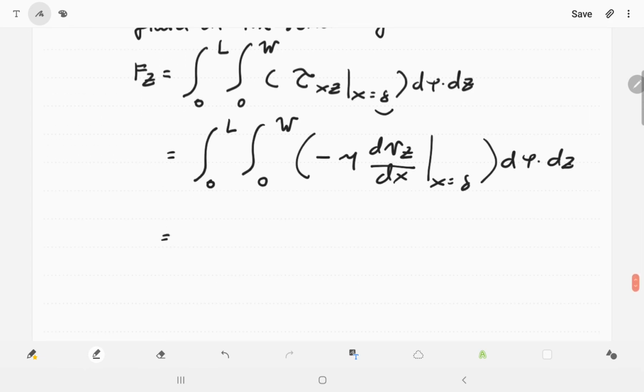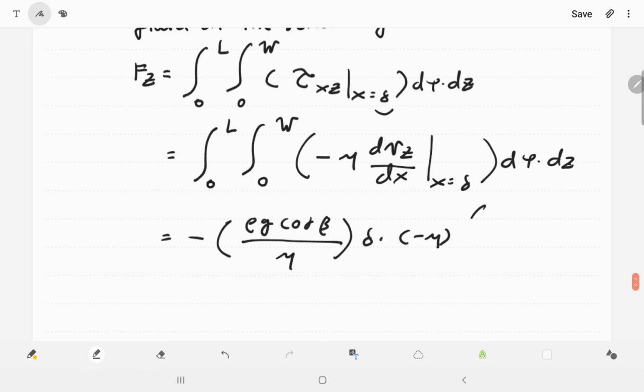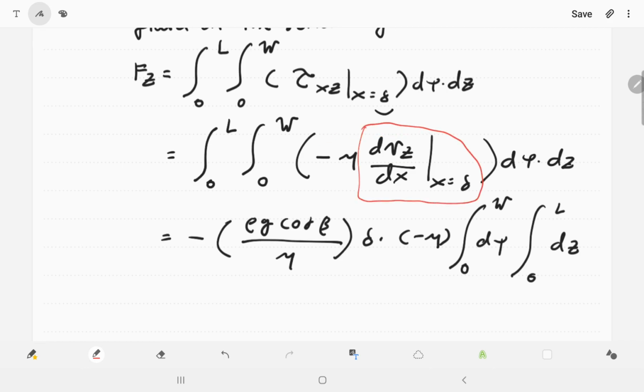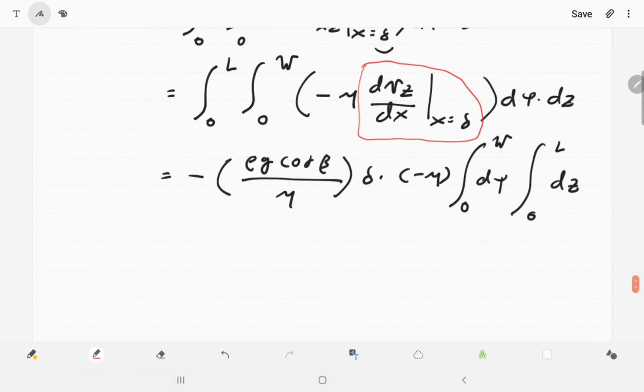Okay, then we can continue, this minus rho g cos beta divided by mu, minus mu, integral 0 to W dy and then 0 to L dz. Okay, why we can split it like this is because this particular expression in here is not a function of y and it's not a function of z. That's why we can split it like that.